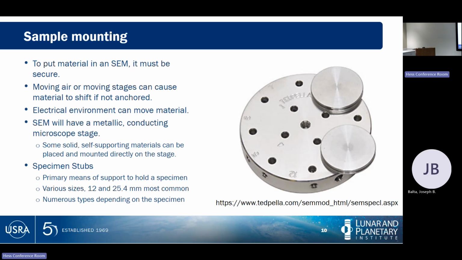It's not going to move in the wind, and it's not going to move electrically. If I try to tilt the stage, that could be a problem. We'll see why we have to do that at another point. But a lot of mounting done in an electron microscope is done on these little sample stubs. And I think a couple of you have seen these before. One of the samples that we had earlier that we sent down the hall was already mounted on sample stubs.